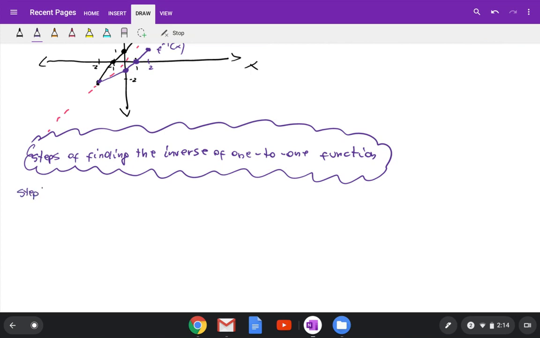Step 1, interchange the variables x and y.